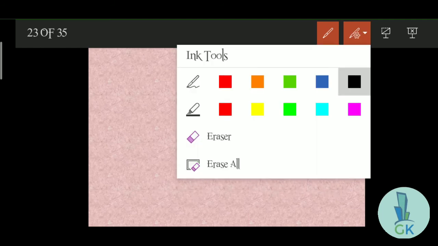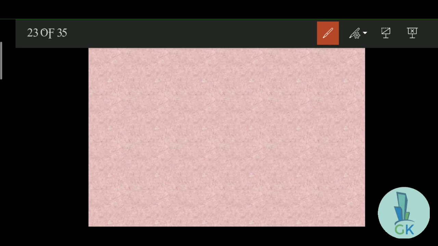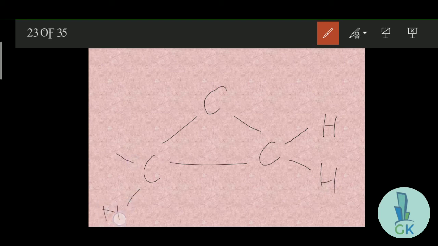If you take another example such as cyclopropane, there will be 3 carbon atoms. As you see, 2 of the valence electrons are being shared, so it will need 2 more hydrogen atoms bonded on the sides.